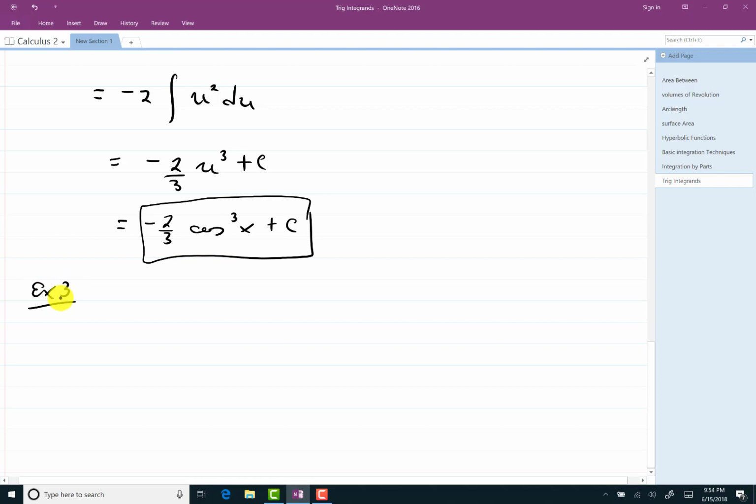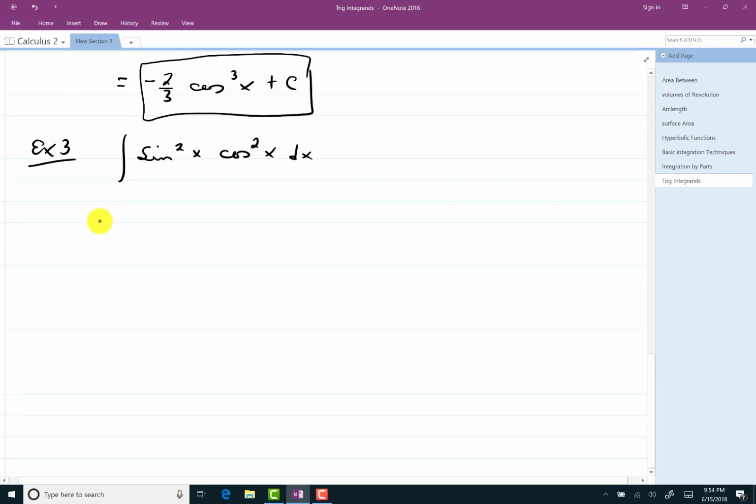For the next example, we'll try sine squared of x cosine squared of x dx. Let me fix that too. And I'll use the formulas that I had before on both of them at the same time. So sine squared was 1 minus cosine of 2x all over 2, and cosine squared was 1 plus cosine of 2x all over 2.